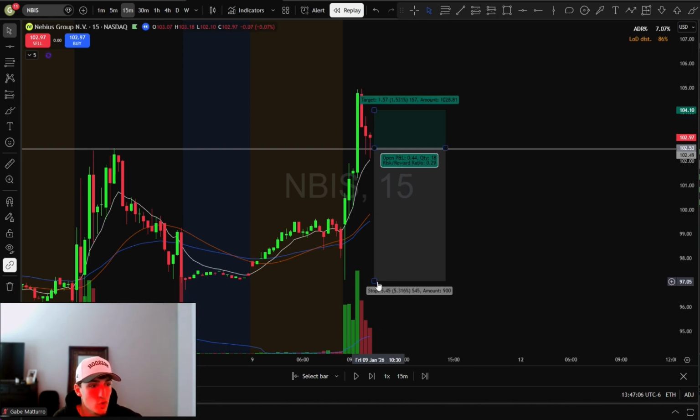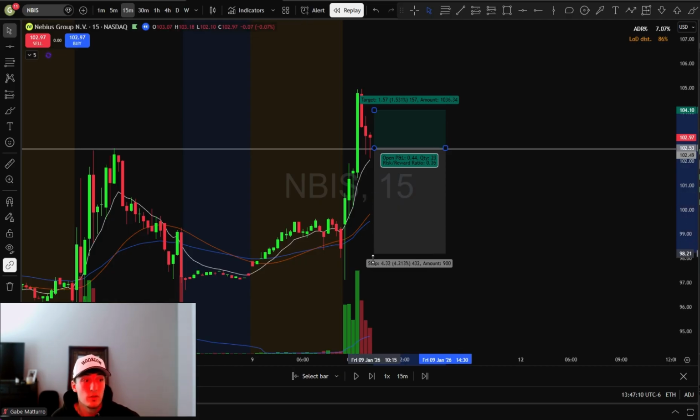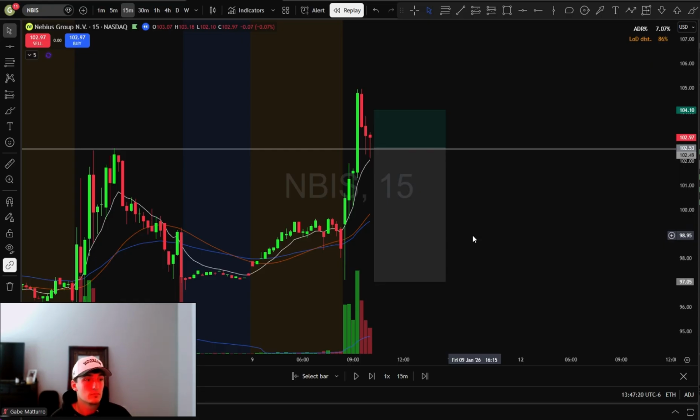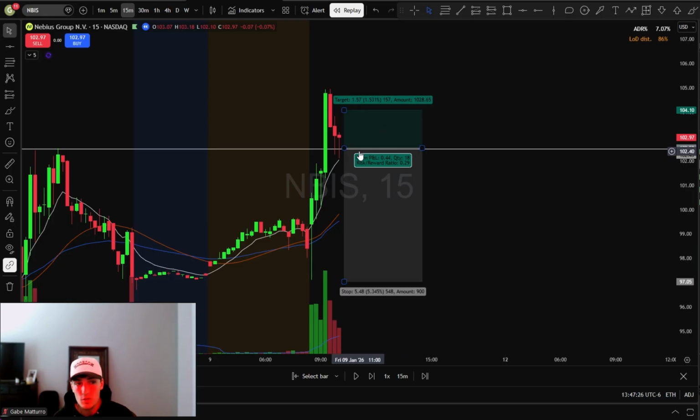So you either want to risk super small if you're only comfortable putting your stop loss way down here, so you know exactly where to have your stop loss instead of having to guess whether you put it up here or down here, then you want to take a size according to that, right? So in this case, it would have been a super light size.